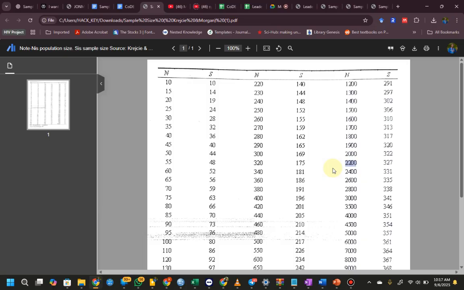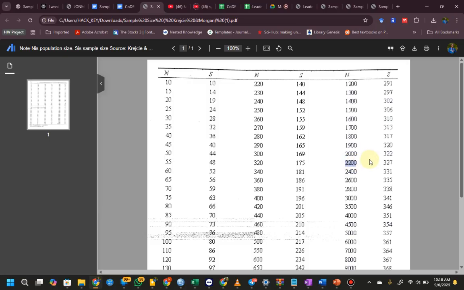I want you to find that N. Yes, I've seen you've highlighted it. And then you have the 327 beside it, right here. Good. So this is how you determine the sample size for each accessible population using the Krejcie and Morgan table.